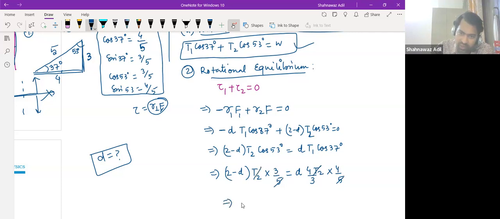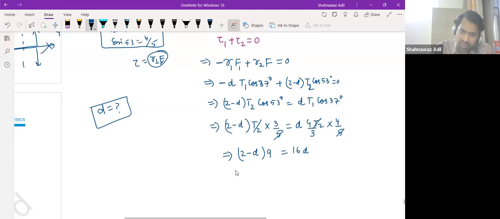So we have 2 minus D times 3, and 3 3s are 9. And then we have 4 4s are 16D. So how much is this? 18 minus 9D is 16D. So 18 equals 25D. So D is 18 by 25 meters, right?